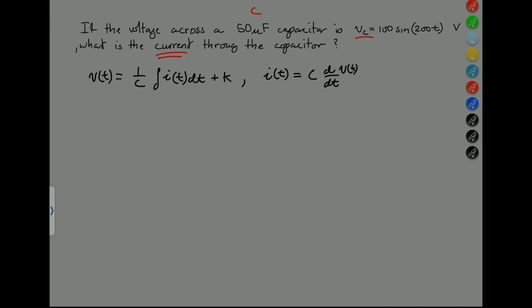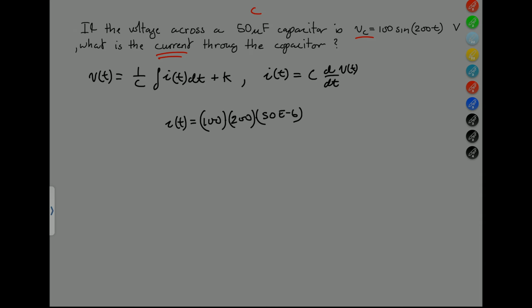So we can then say I of t is equal to, we keep the coefficient of our given voltage. We then multiply that coefficient by our 200 inside of our sine function, 200. And we keep the 50 microfarads, 10 to the minus 6.